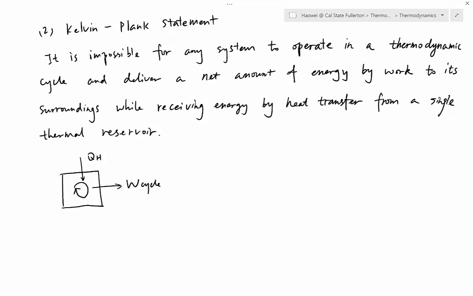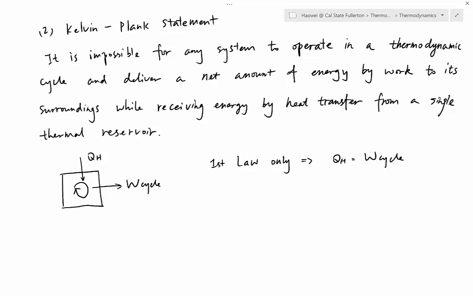If there's only first law we have to follow in our design, which is conservation of energy, can this design be true? Yes, this design will be true. You can just say total energy going in, QH, must be equal to total energy leaving. So QH is equal to W cycle.